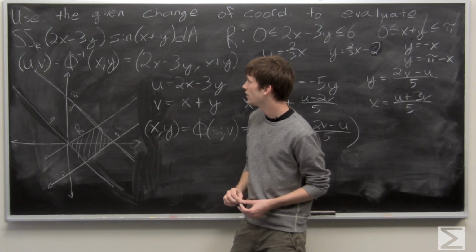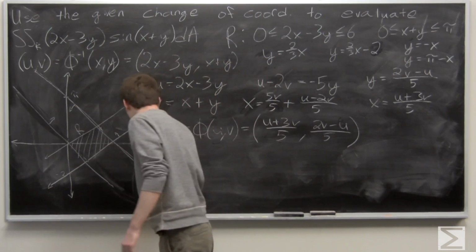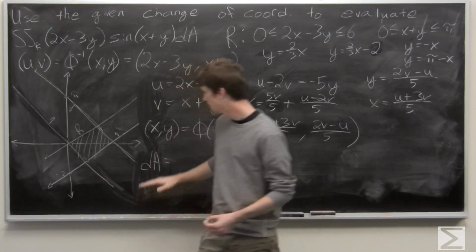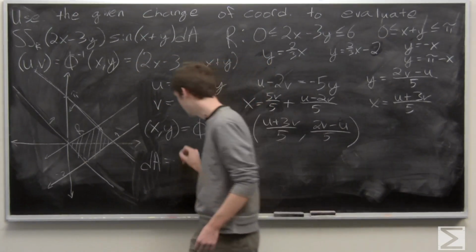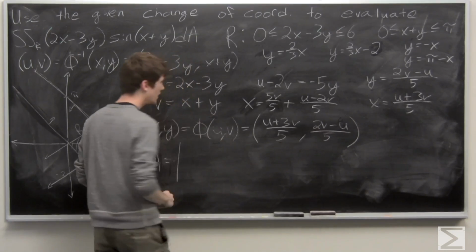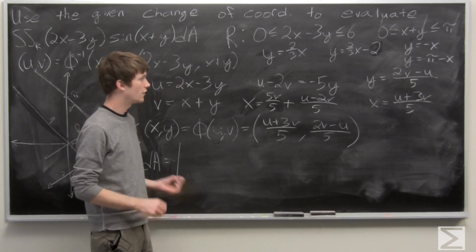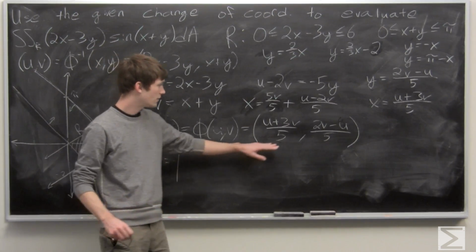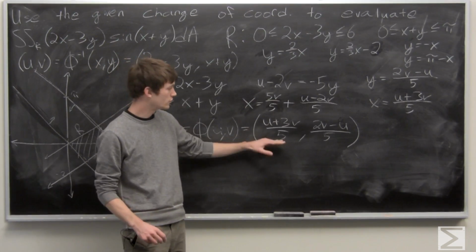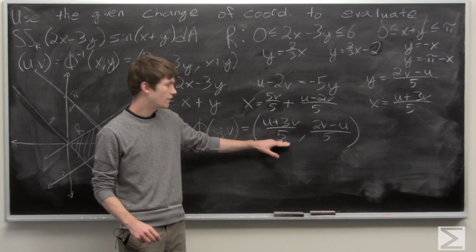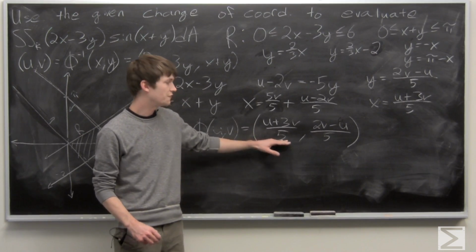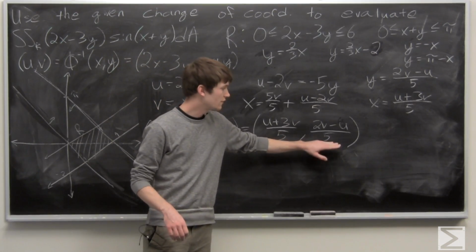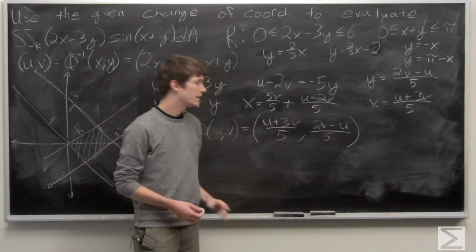Now our element of area, dA, we know that our element of area is the absolute value of the determinant of our Jacobian matrix of phi. So that means that we're taking our partial derivatives of our first component of phi as our first row, and the partial derivatives of the second component of phi as our second row.